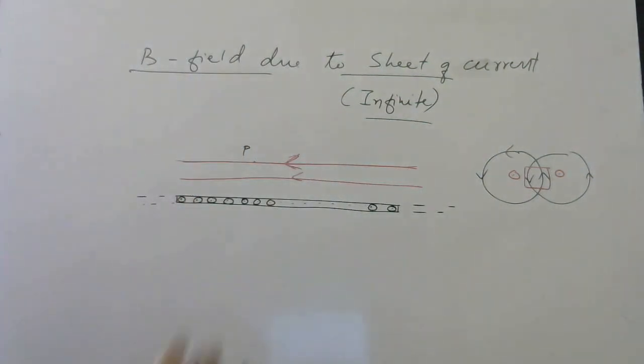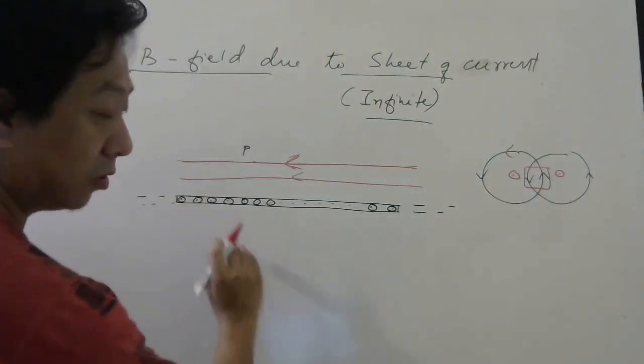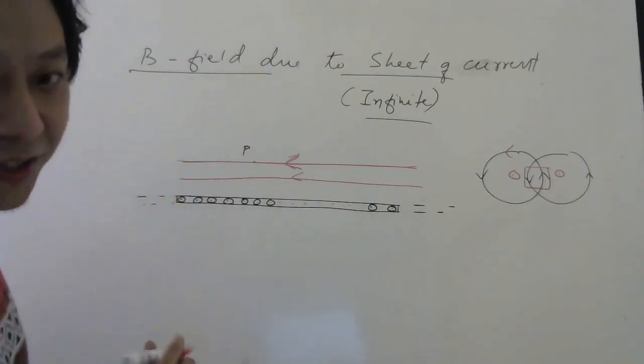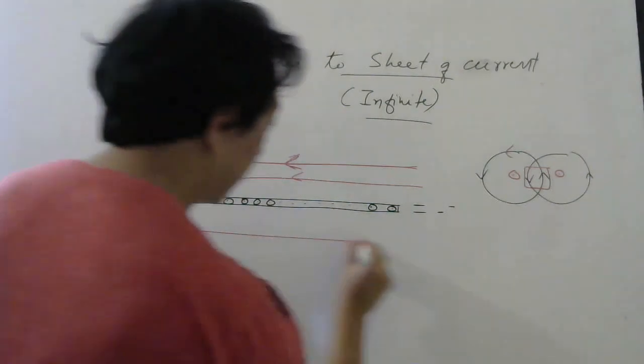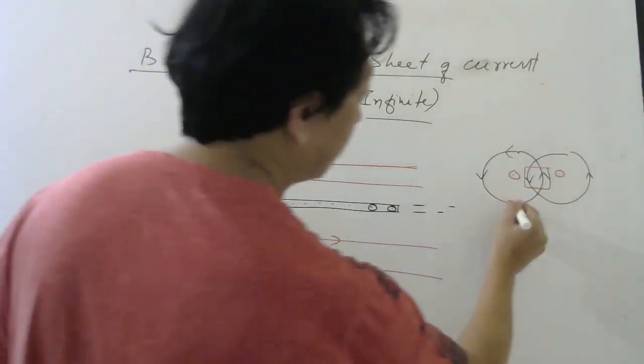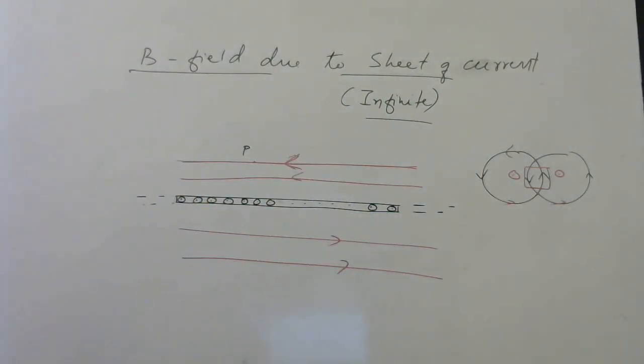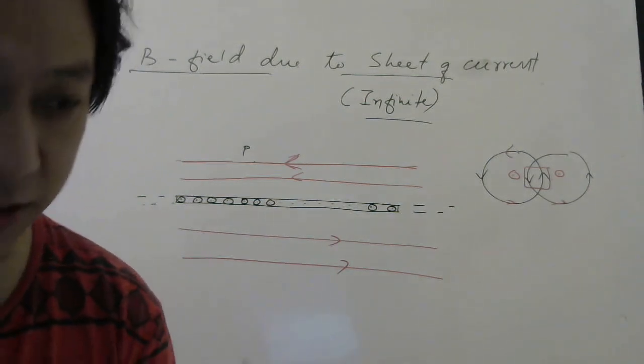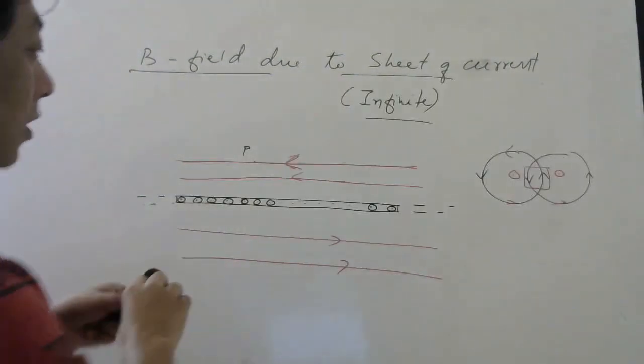Similarly, below this sheet, the magnetic field will look like this. So by symmetry, you can guess how the magnetic field lines will look.